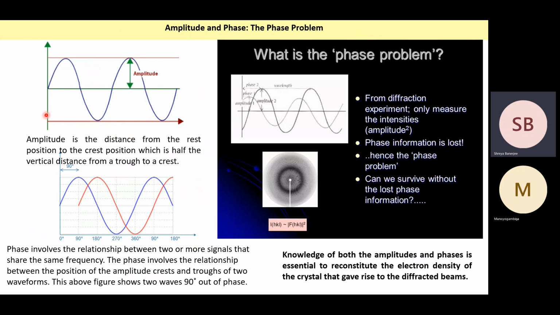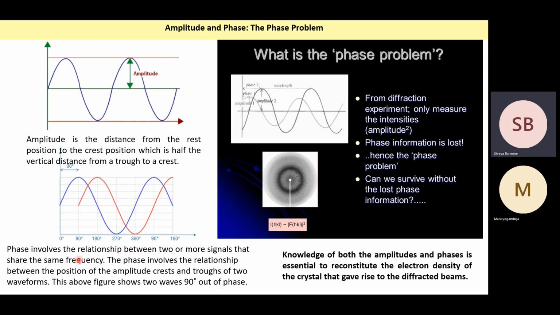Now, in general, in all the techniques, there is something called a phase problem. To understand that, we first need to understand what the amplitude is and what the phase is. The amplitude is the distance from the rest position to the peak or the crest position, which is basically half of this vertical distance from the trough to the crest. So this is the amplitude.